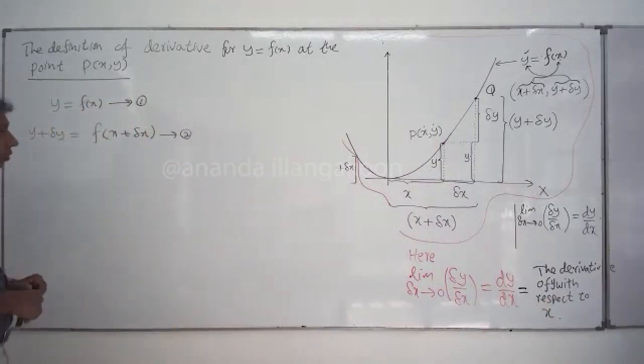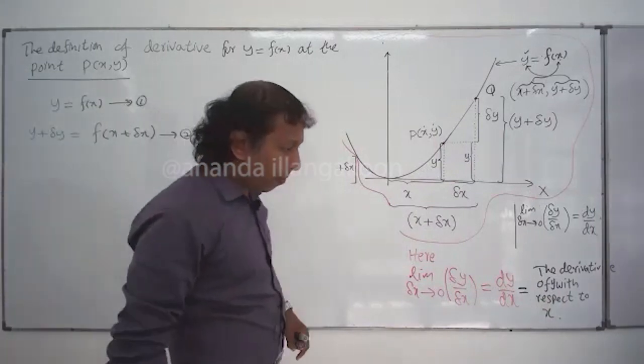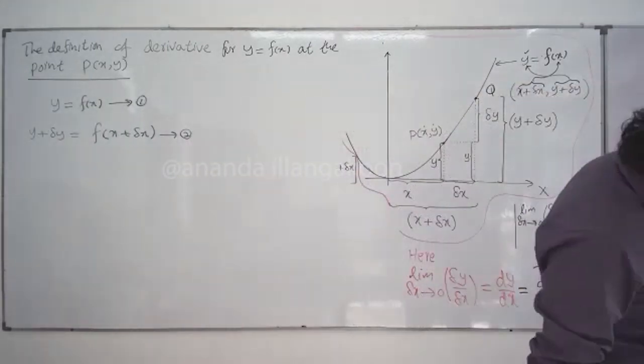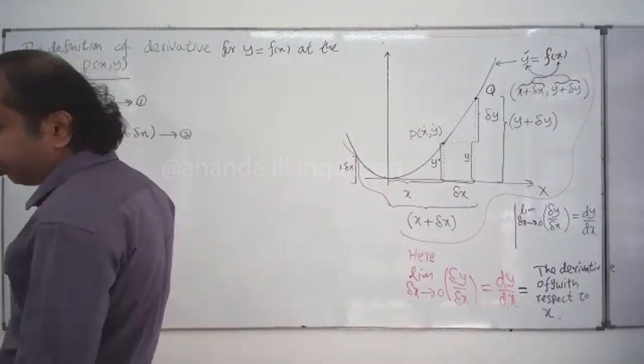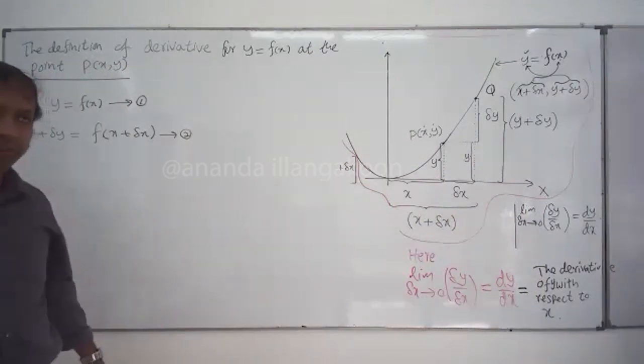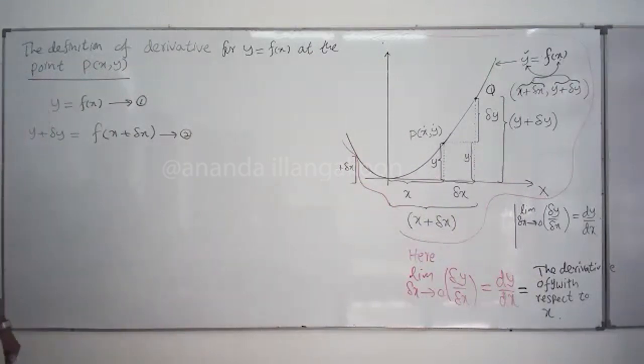Write down like this. By the above result, we can write: number 1, y equals f of x; y plus delta y equals f of (x plus delta x).